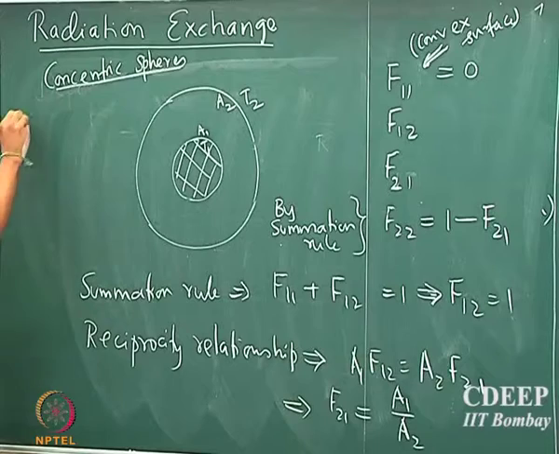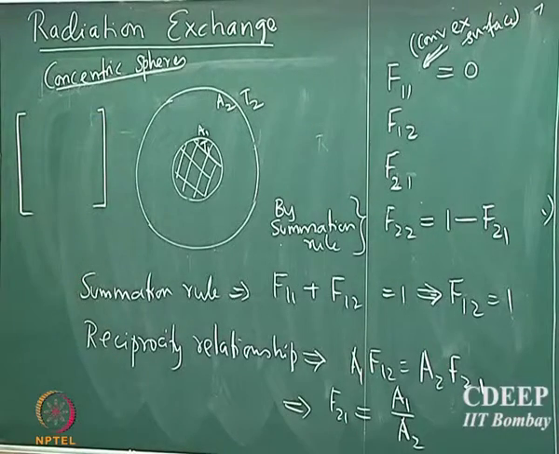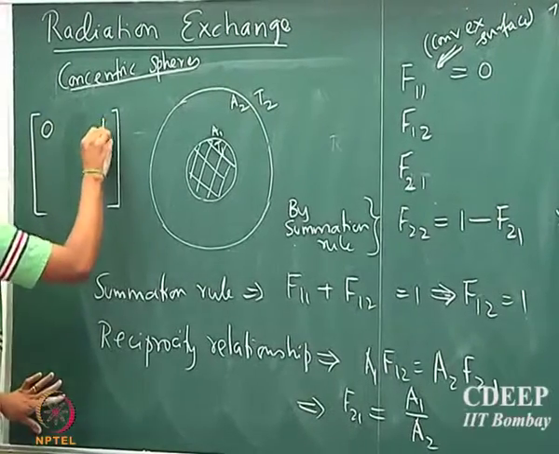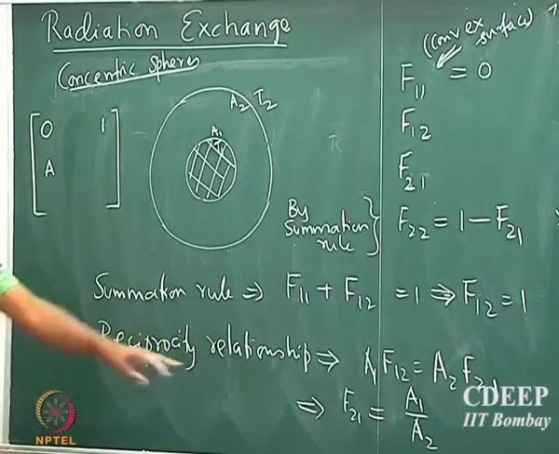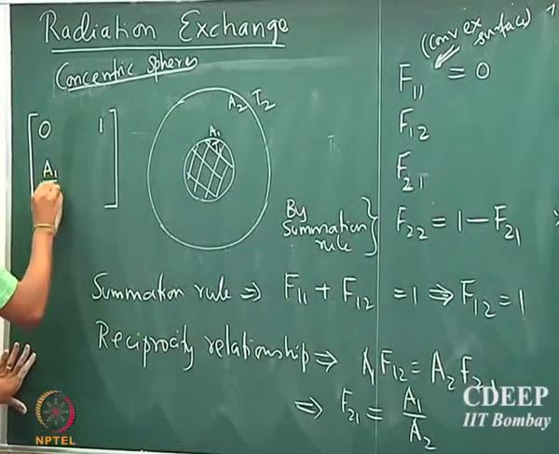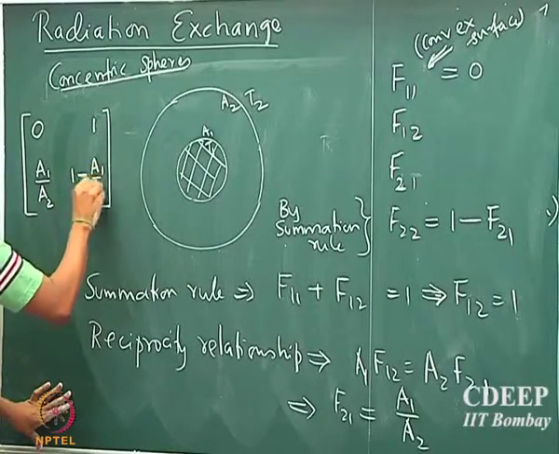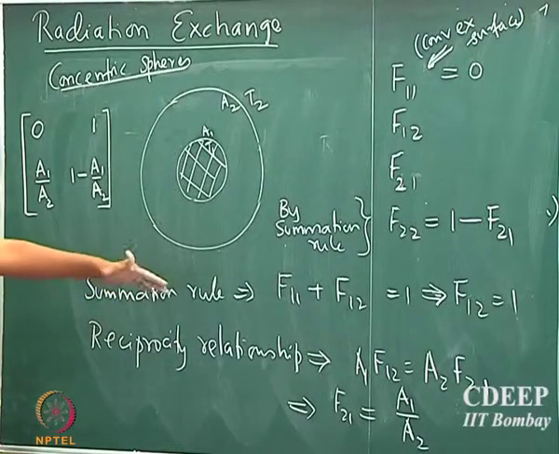So now we can write the view factor matrix. F11 is 0, F12 is 1, F21 is A1 by A2 and F22 is 1 minus A1 by A2. So note that we did not do any integration.